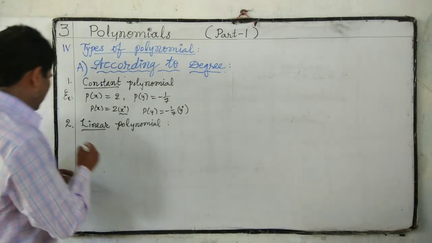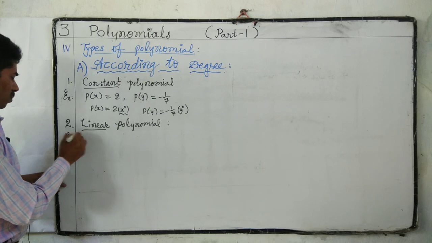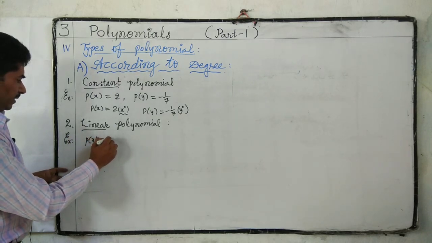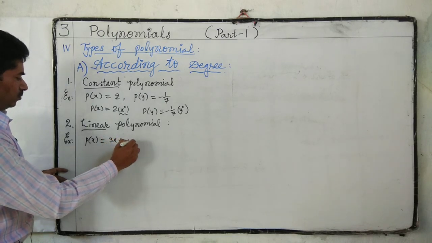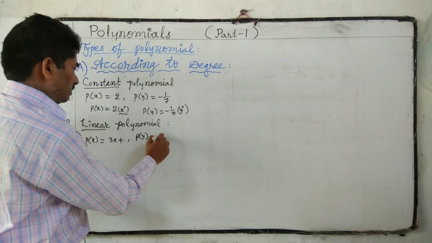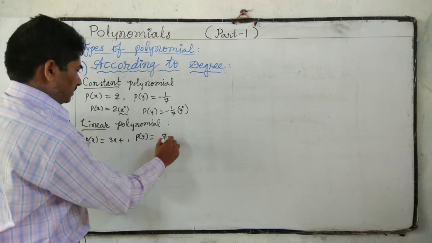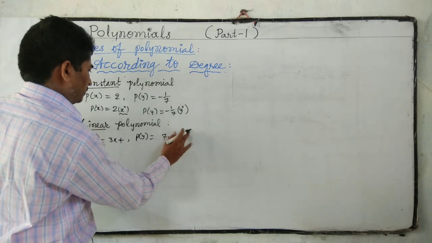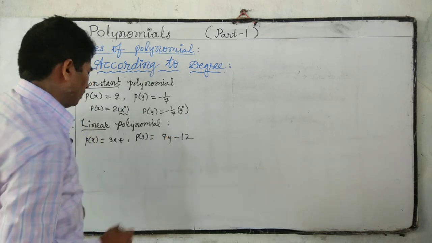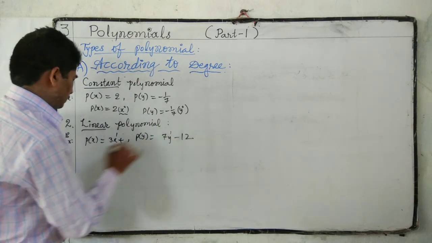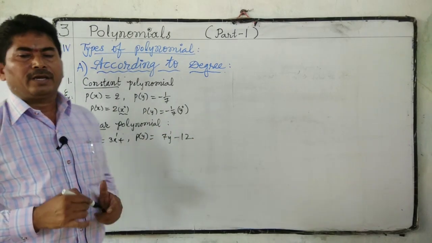For example, p of x is equal to 3x plus 1, p of y is equal to 7y minus 12. So here degree 1. So these are linear polynomials.